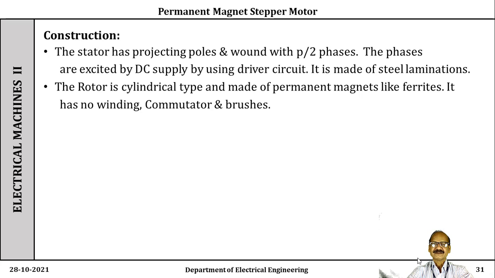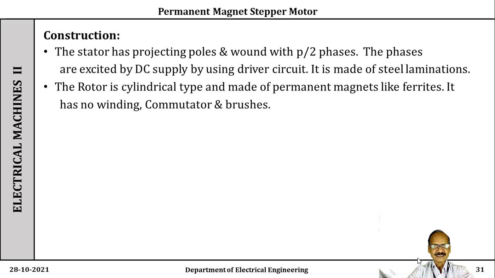The stator is made up of steel laminations and has projecting poles wound with P/2 number of phases. These phases are excited by a DC source using the driver circuit, and it also uses single stack laminations.